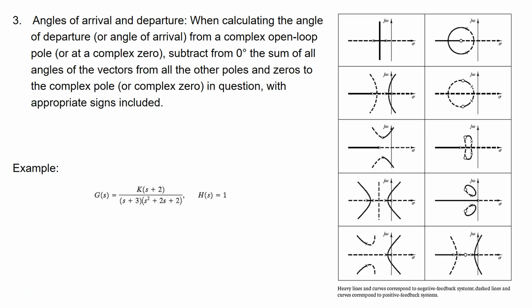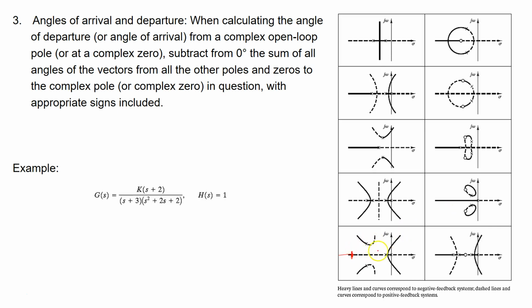So if I just look at this last one on the left, the solids are negative feedback. So here, if I choose a point here, does this belong to the root locus of a negative feedback? The answer is no. Why?